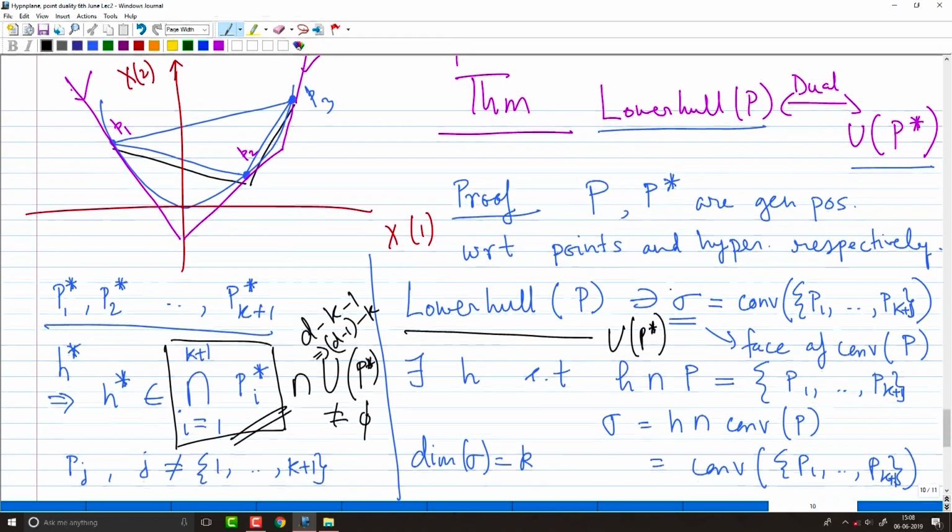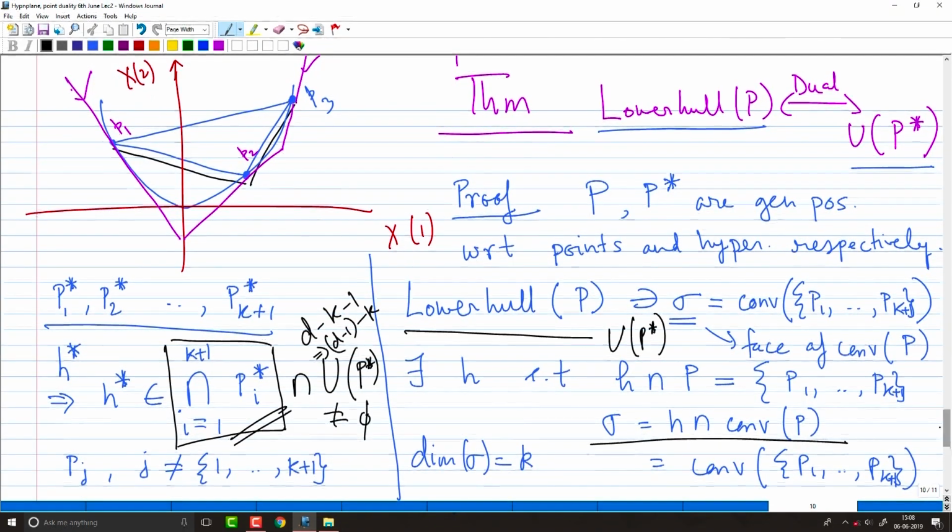So, let sigma be the convex hull of P1 to Pk plus 1, right. So, H intersection the P point set should be equal to P1 to Pk plus 1. H plus contains the other points. Okay. Also, sigma is equal to H intersection convex hull of P. Okay, good.